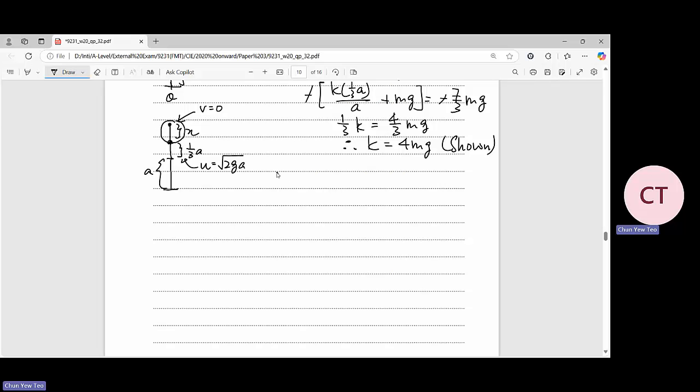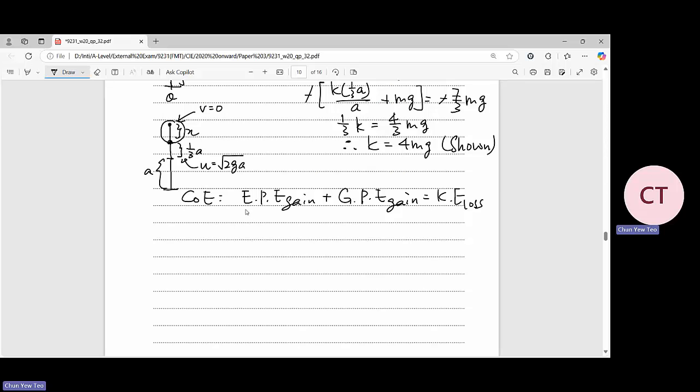So by using conservation of energy, we have the EPE gain plus the GPE gain equal to the KE loss.